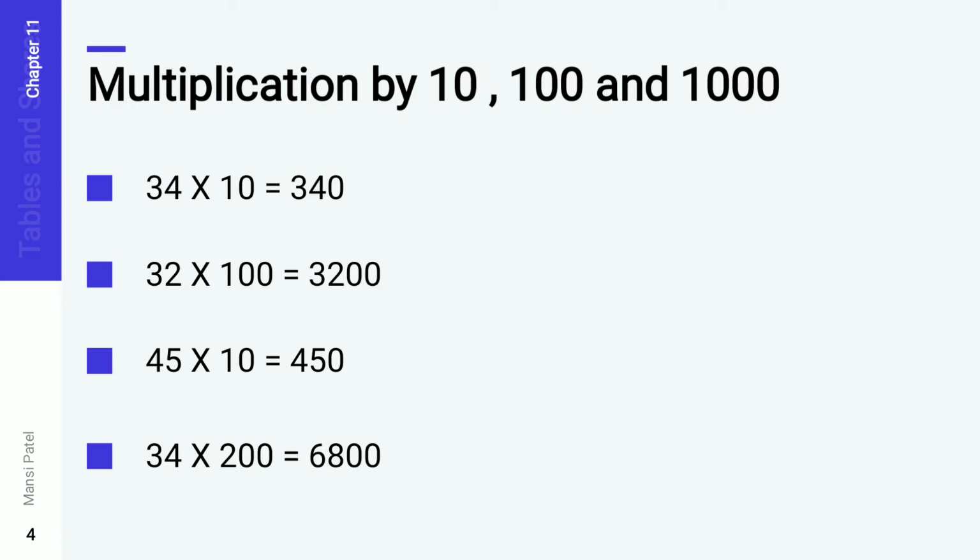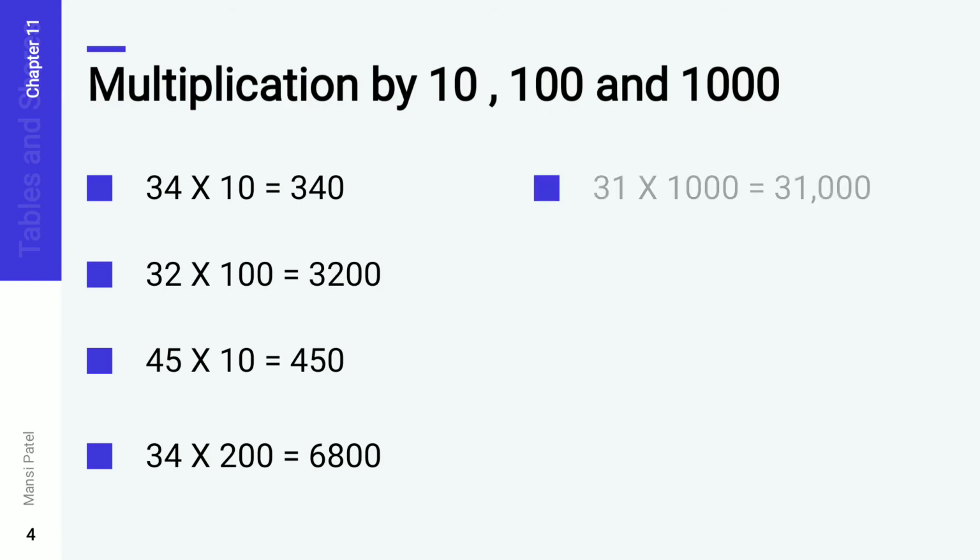So 34 twos are 68. And in a 200, how many zeros are there? Two zeros are there. So 34 multiplied by 200, what is the answer? The answer is 6800.